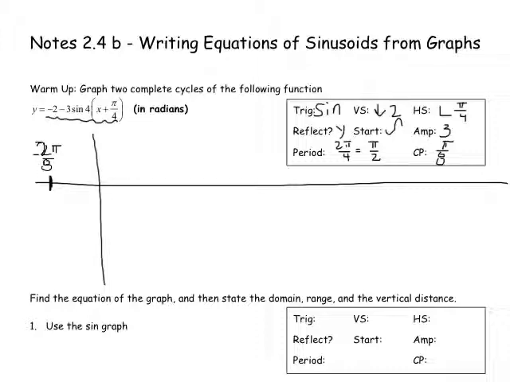So when I move by pi over 8, now I'm at negative pi over 8. And then I'd be at 0, pi over 8, and 2 pi over 8. So my first cycle will end at 2 pi over 8. This will be 3 pi over 8, 4 pi over 8, 5 pi over 8, 6 pi over 8.